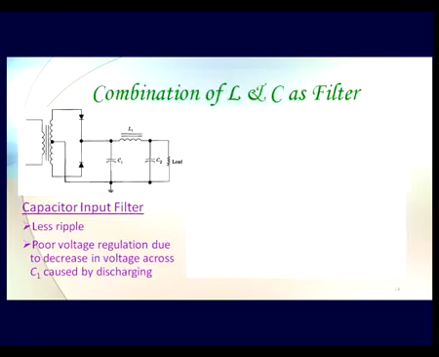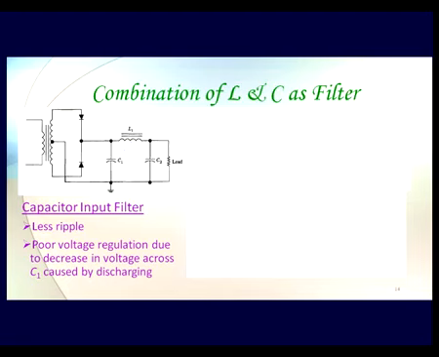But we can always have combinations of LC filters, where one type is the capacitance input filter, or a pi filter as we call it, where we have got capacitance in shunt with the load as well as at the output of the rectifier circuit, and there is a series L circuit.